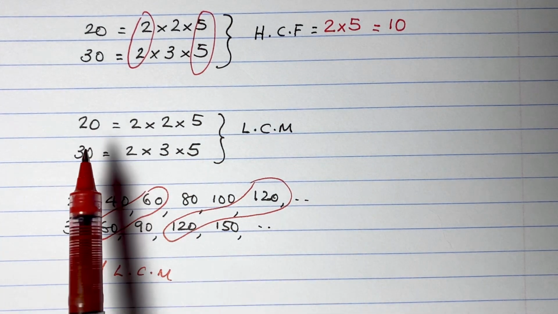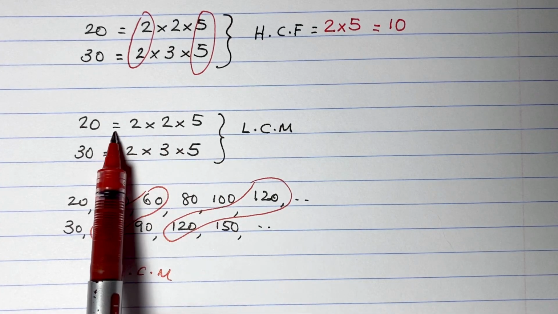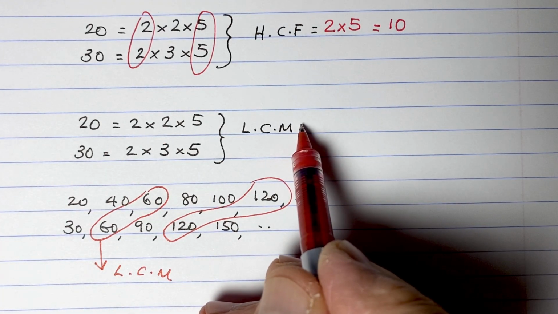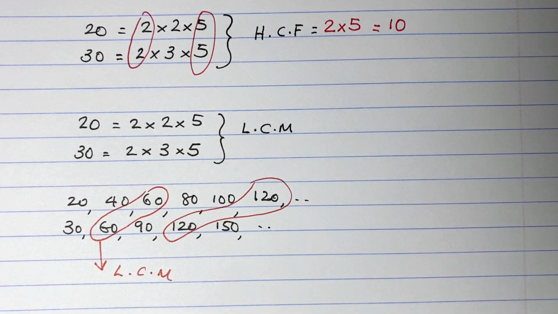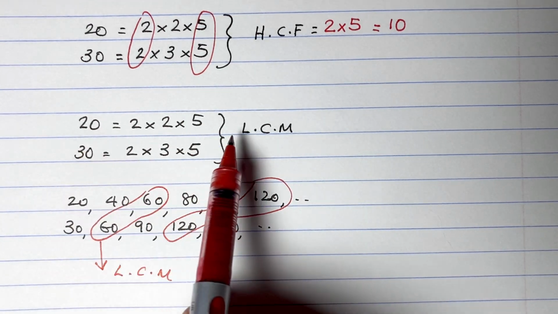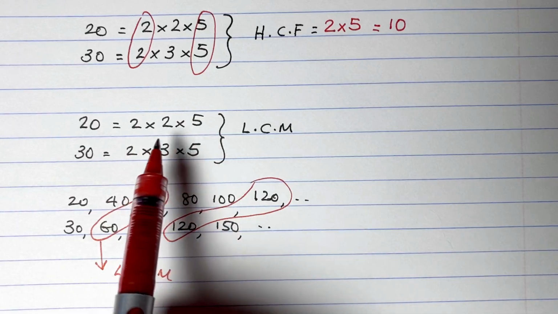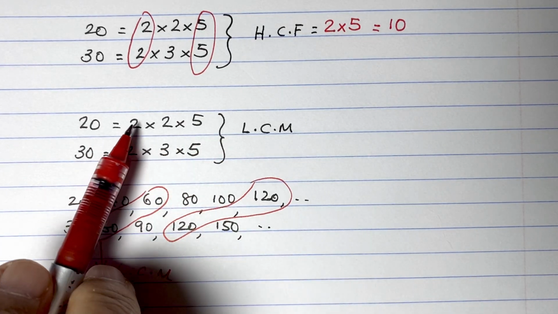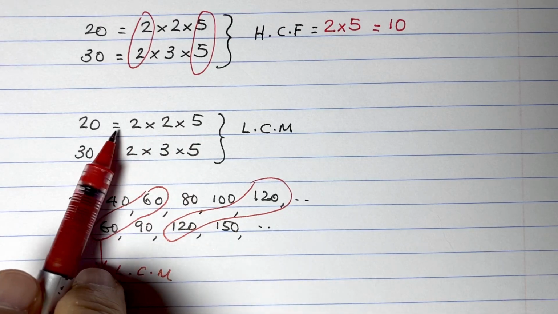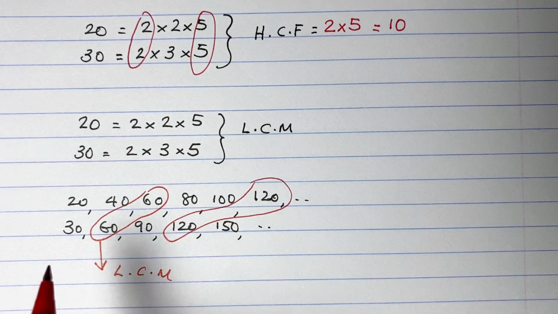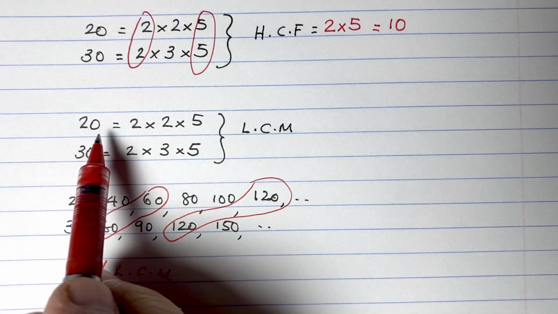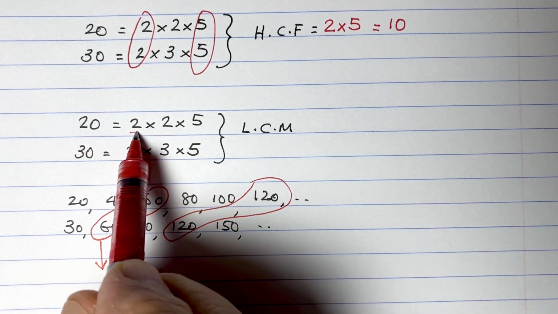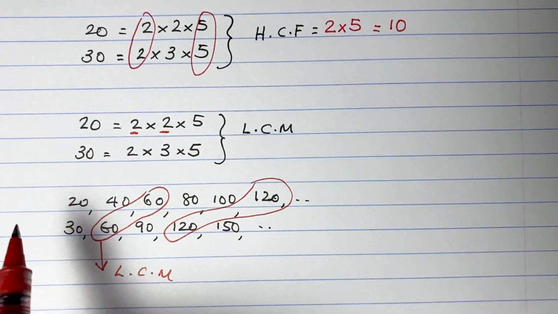But using the method of prime factor decomposition, the LCM would be asking ourselves, what are the numbers that form the prime factor decomposition? The digits are 2, 3, and 5. We don't have anything except 2, 3, and 5. So which line offered more 2s? The top line offers two 2s.